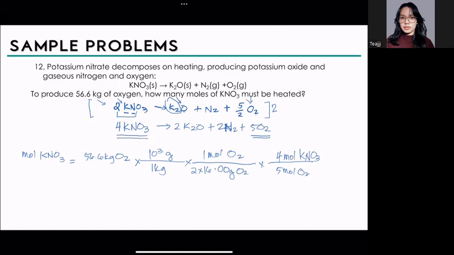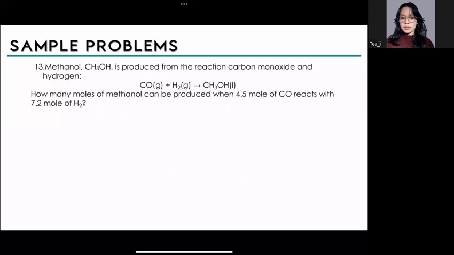This is why it's very important that you have the correct values from your balanced chemical equation. Kasi if mali yung mga stoichiometric coefficients mo, then you will have the wrong molar ratio. So pag-calculate mo, mali na yung values na makukuha mo. If you put that into the calculator, you'll have 415 moles of KNO3. So that's your final value. Okay, now let's go to number 13.